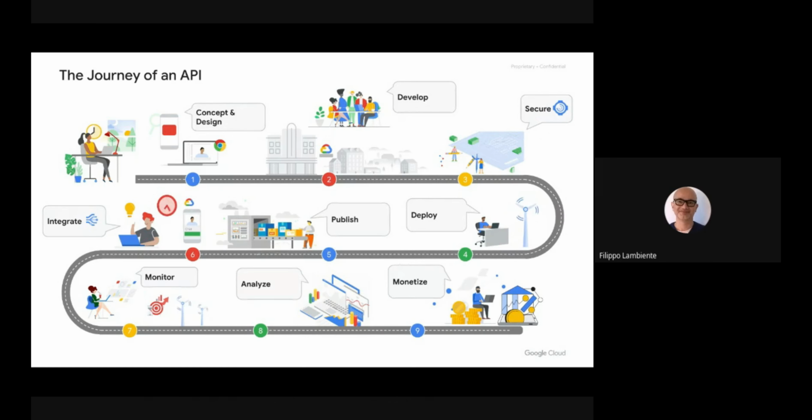We pass through the development phase, then we add the security aspect. Sometimes we also have to deal with integration with the particular backend system. Not all the IT assets that an organization wants to expose as an API are ready to be exposed as an API.